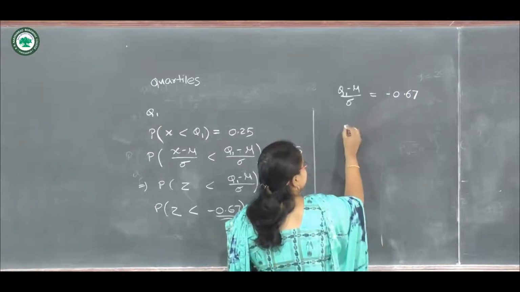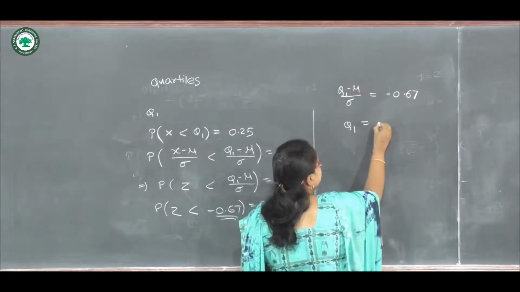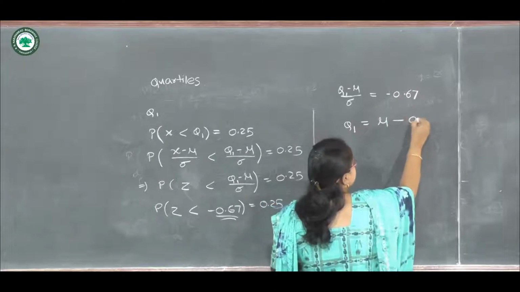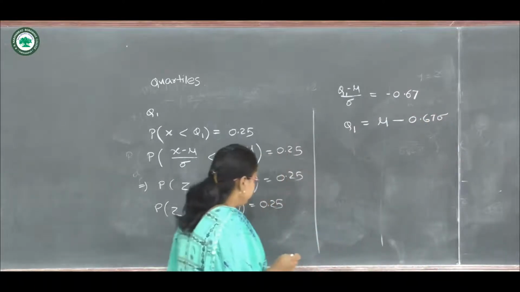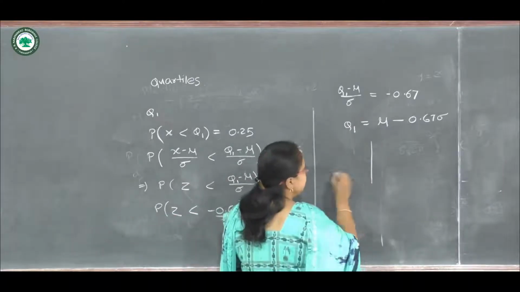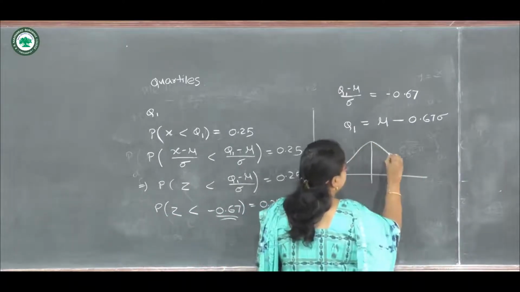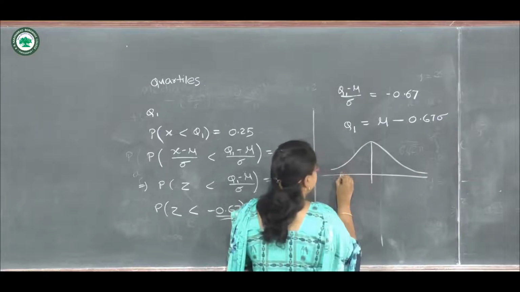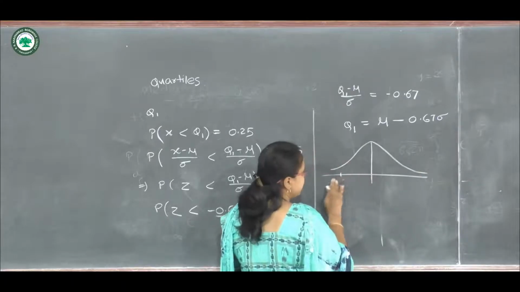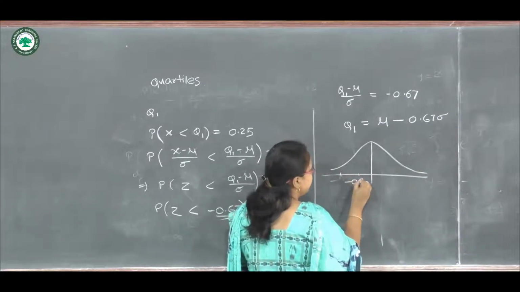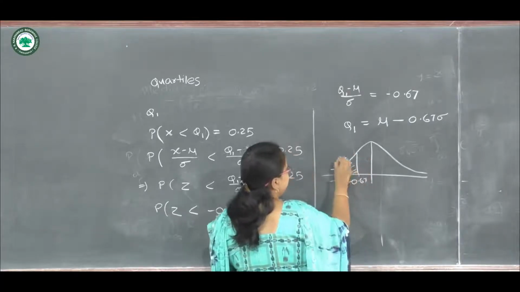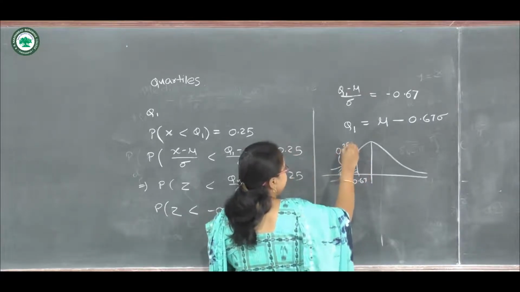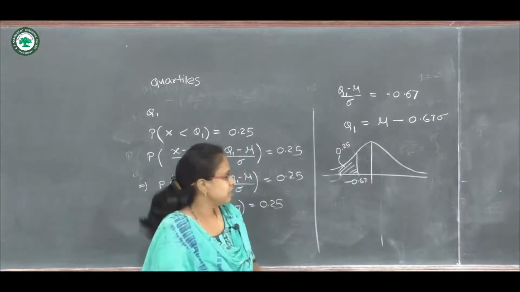We can solve this and we will get Q1 equals mu minus 0.67 sigma.